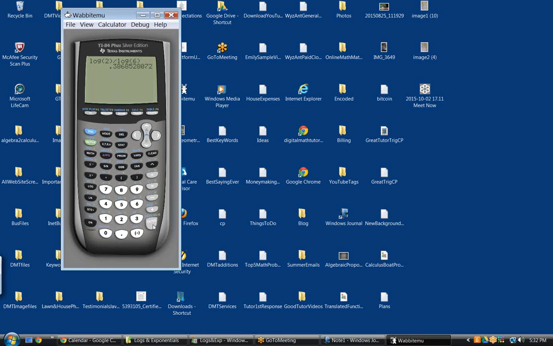And if I hit enter, it tells me that that number is 0.386852, and so forth. In other words, it's another one of those irrational numbers that never repeats. Logs are like that. Kind of like square roots and radicals are like that. All right.